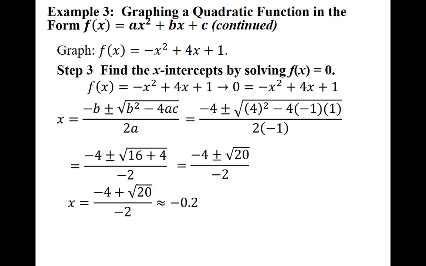This is equal to -0.2. And that's only the plus. Recall it was plus or minus the radical 20. So -4 minus the square root of 20 divided by -2 would give us +4.2.